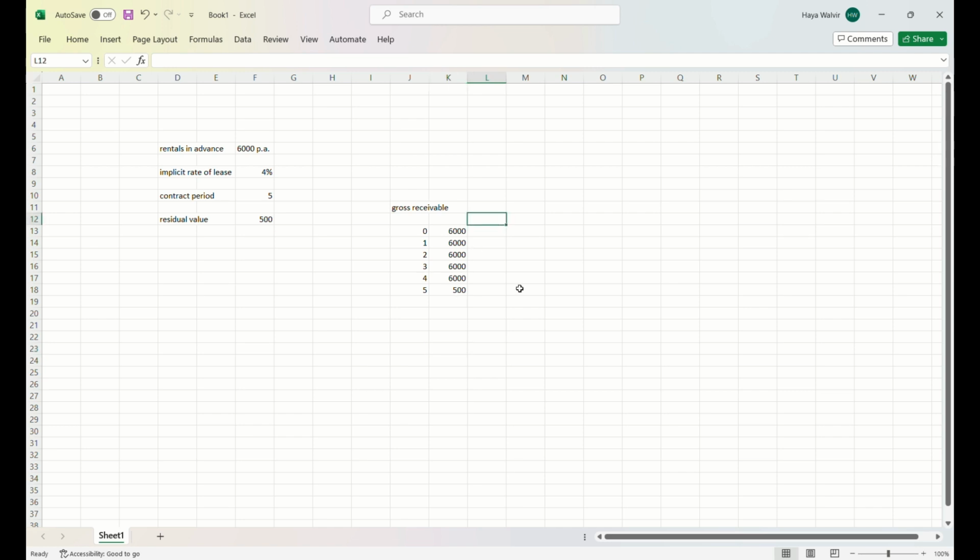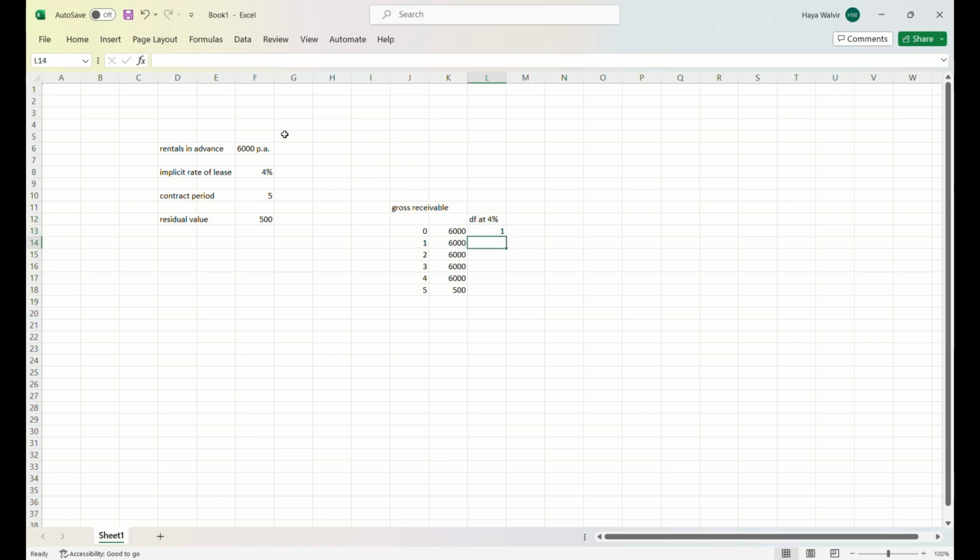Now I want to discount all these, so I'll use the implicit rate of 4%. Present value at 4%. So it is equal to 1 by 1.04 power... no, there's no power. It's at time 0. So the present value, let me just write it as a discount factor column.